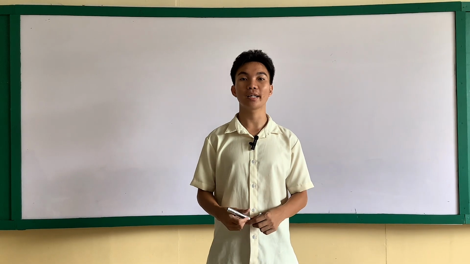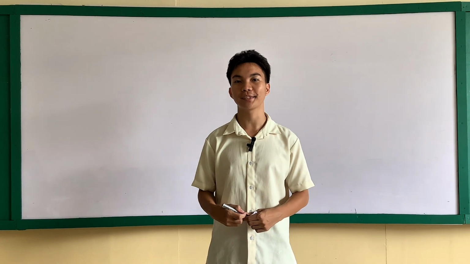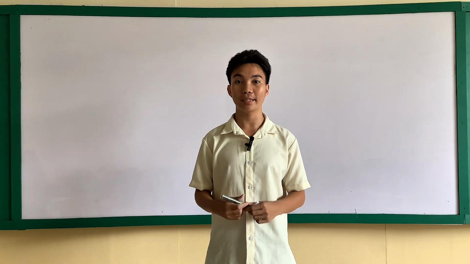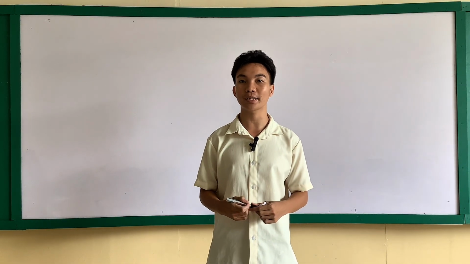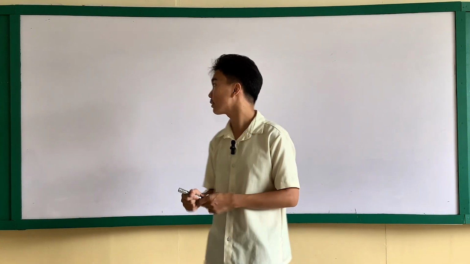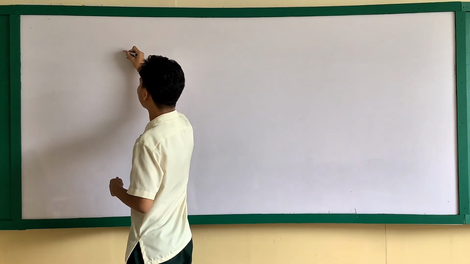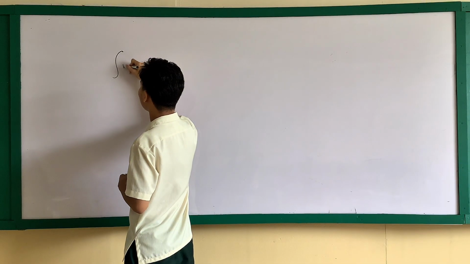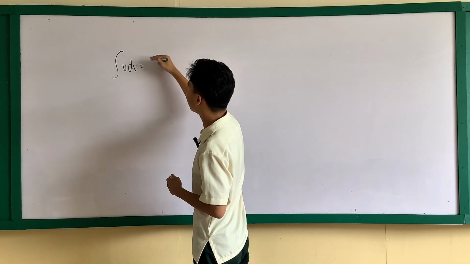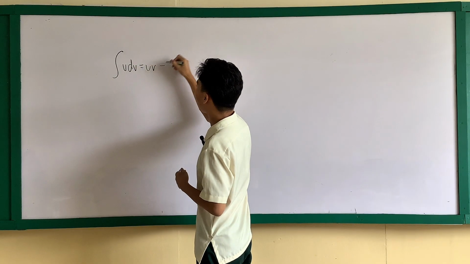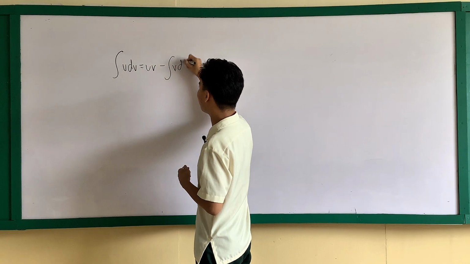So now we are in our last topic, which is integration by parts. Integration by parts is based on the product rule for derivatives and is useful for integrating the product of two functions. The formula is the integral of u dv is equal to uv minus the integral of v du.